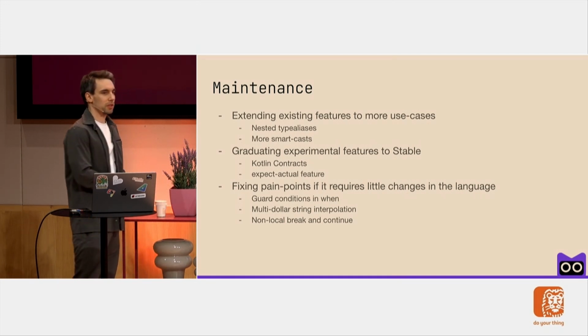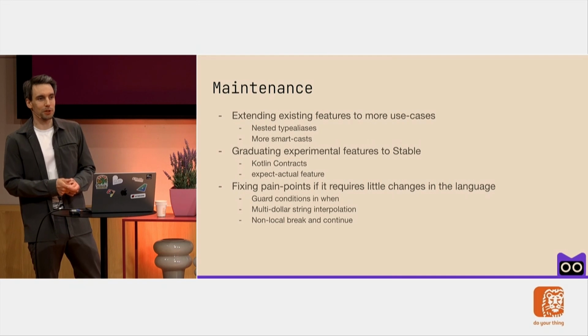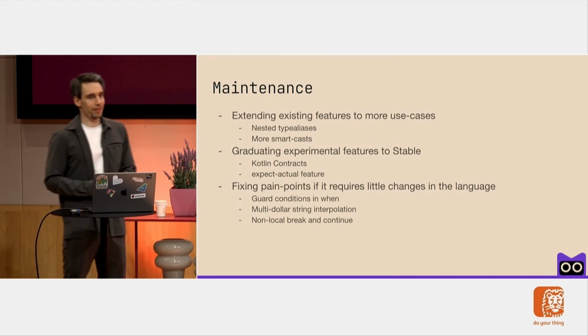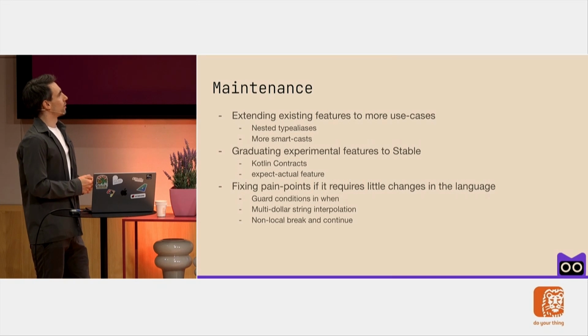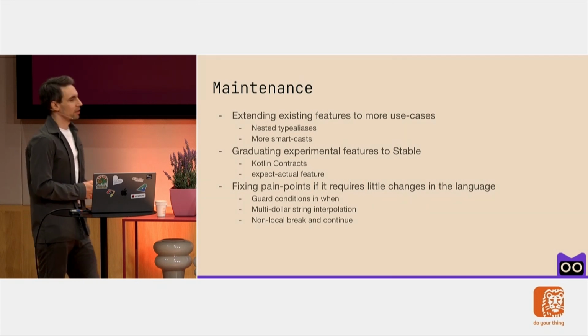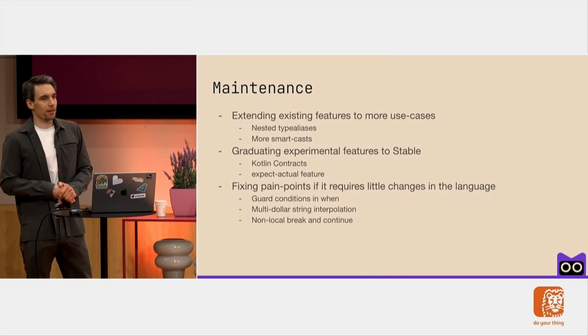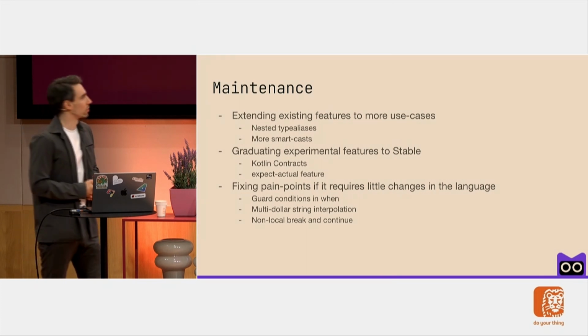It's about Kotlin contracts that also live in the language since Kotlin 1.4, but are still in an experimental stage and they need some love, because it's just not practical to introduce more and more experimental features without either removing them or graduating them to stable.